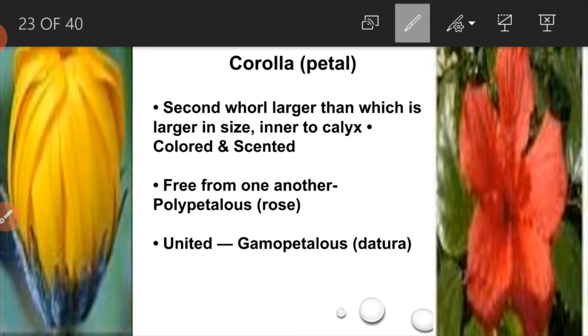If they are fused or united, forming a bell-like or funnel-like structure, as in datura, petunia, then it is known as gamopetalous. Now in the case of sepals, we use the word sepalous. Here the word petalous is used.